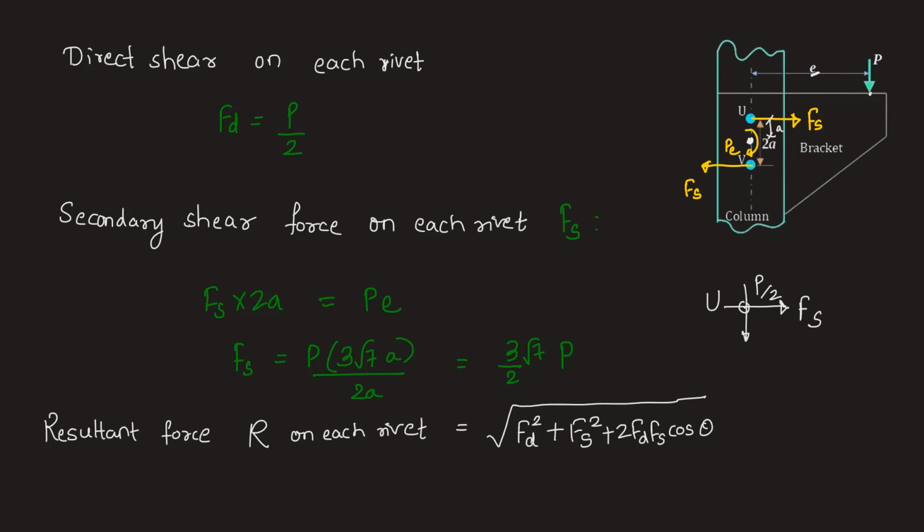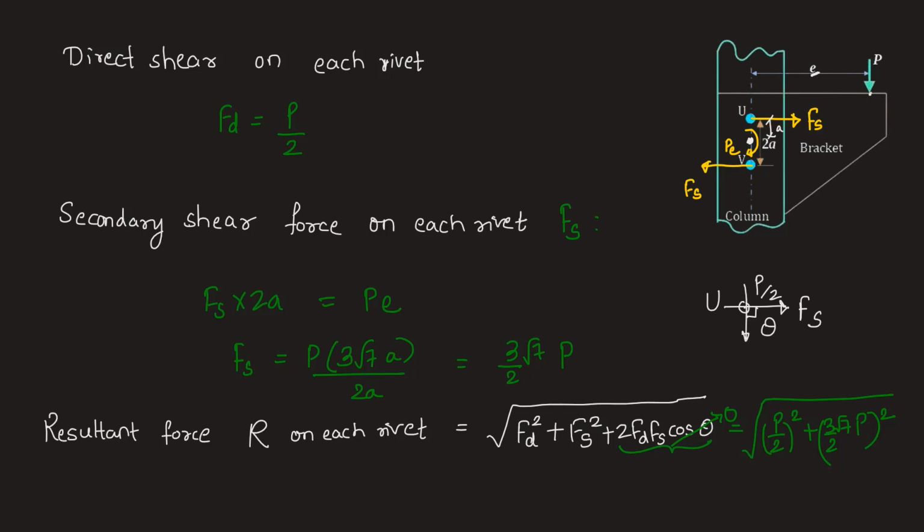This is a standard formula for finding the resultant of two forces acting at an angle theta to each other. Theta here is 90 degrees because we can see that the angle between these two forces is 90. So substituting theta as 90 degrees, R will be equal to under root of Fd, which is P by 2, whole squared, plus Fs, which is 3 by 2 root 7 times P, whole squared. Cos 90 is 0 and therefore this complete term becomes 0.